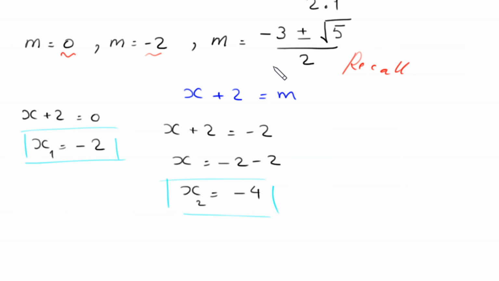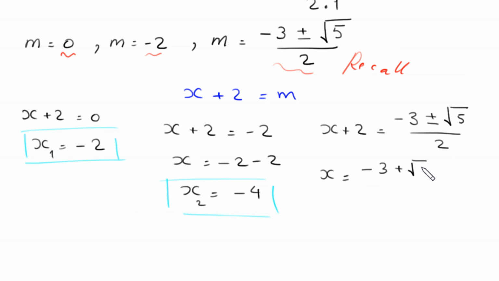Now when m is equal to this expression, then x plus 2 will be equal to negative 3 plus minus root 5 over 2. We move this plus 2 to the right hand side, then x is equal to negative 3 plus minus root 5 over 2 minus 2. Next, we can write the denominator of this 2 as 1 and take the LCM of this 2 and this 1.